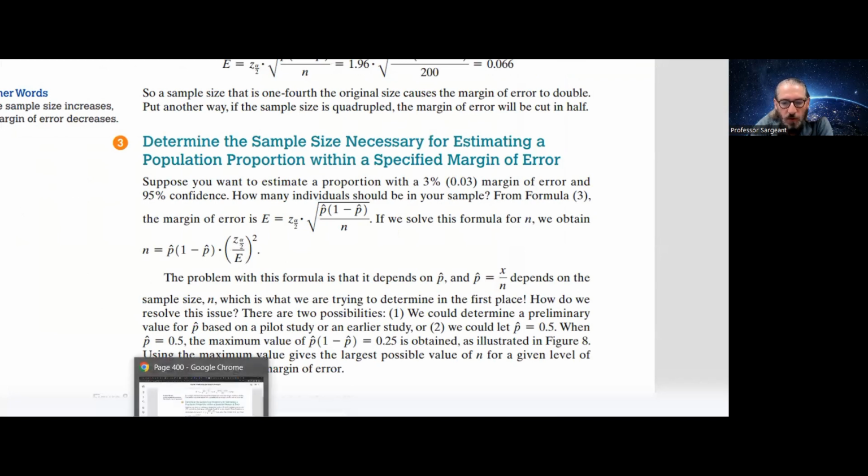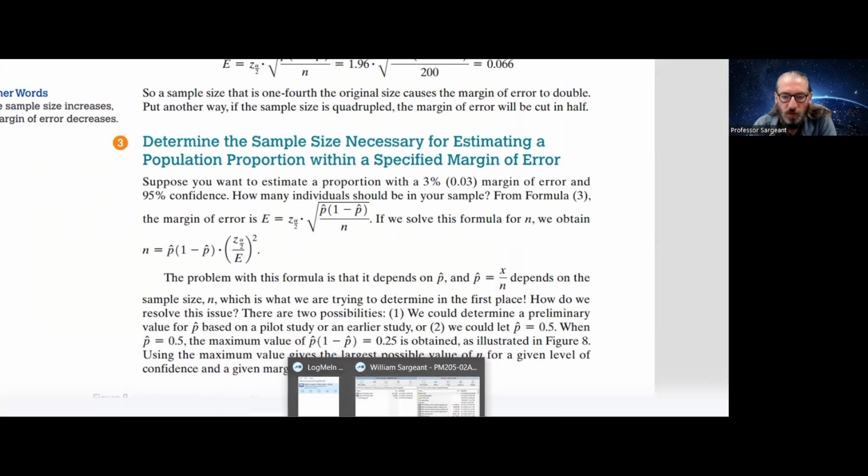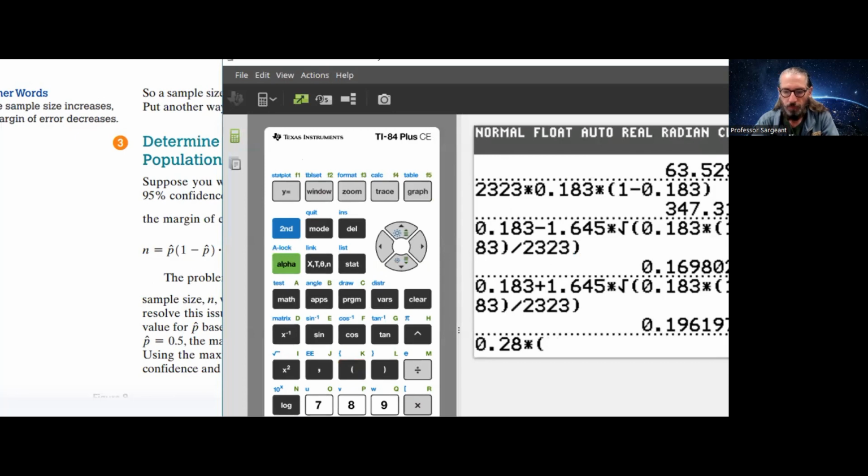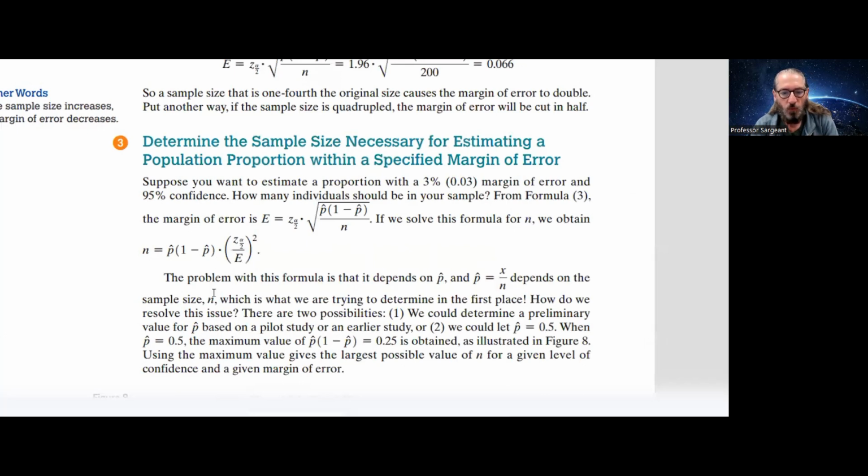One more thing. So p hat from the prior estimate was 0.28 times 1 minus that, times we're going to be squaring the 1.96 over the margin of error.